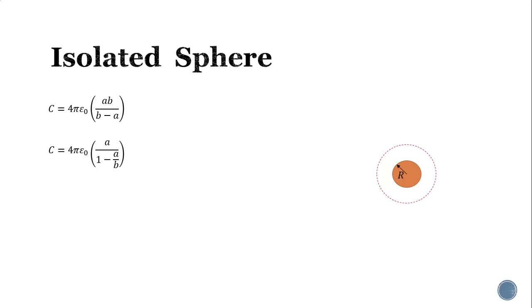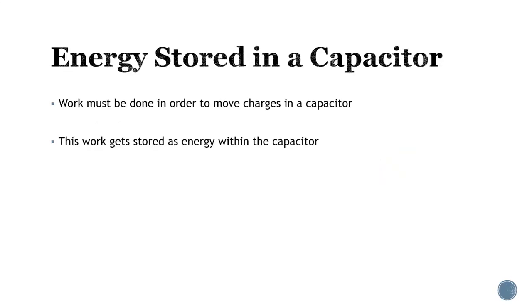I'm going to divide everything by b over b, and what happens when you do that is you get this relationship. a is basically R, the size of that little sphere, and b is infinity. We're assuming there's an outer spherical shell an infinite distance away. When you plug those values in here, a over b becomes 0, and so you end up with 4 pi epsilon naught times R.